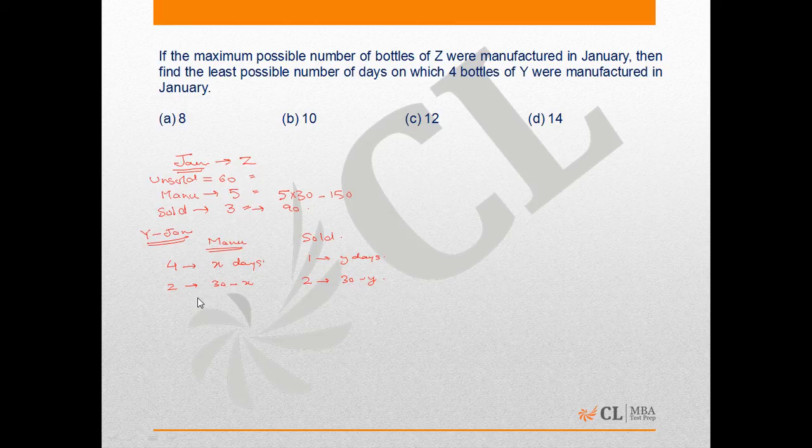So the total number of bottles which were left unsold for Y in the month of January will be the number of bottles manufactured minus the number of bottles sold.